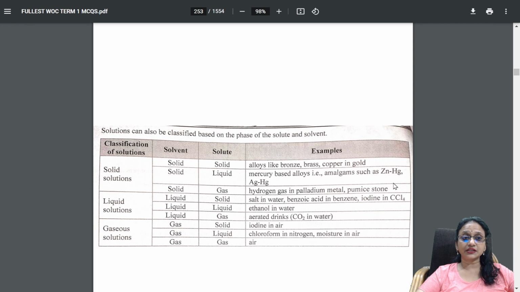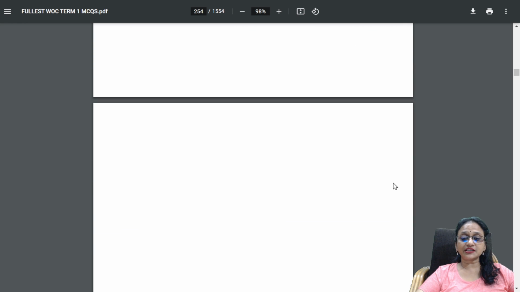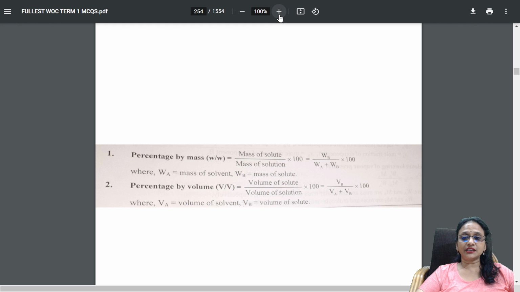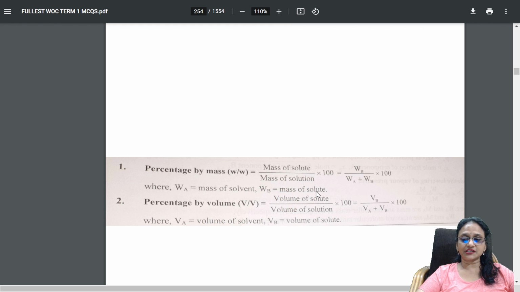It's very important. Then next comes the important table to remember, the formulas, because the solutions chapter is completely numericals. So learn the formulas for this. Let me zoom in a little so that it's easy for you.